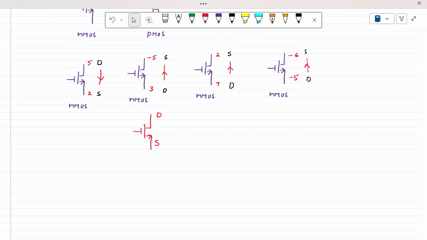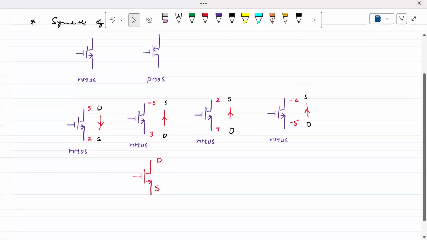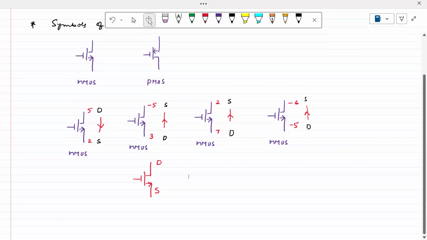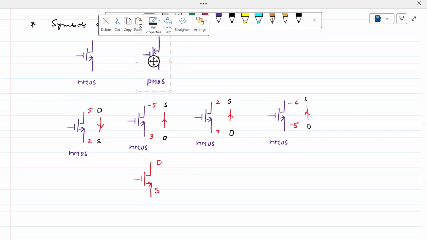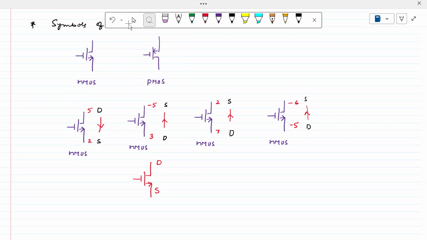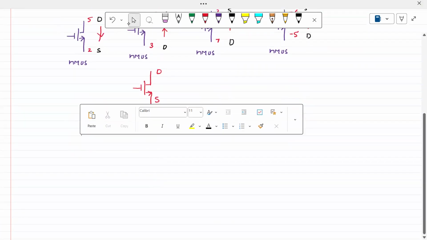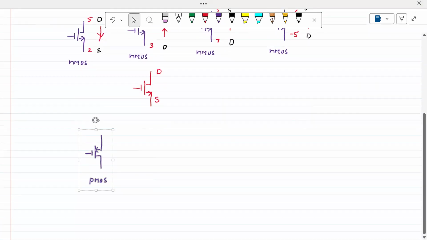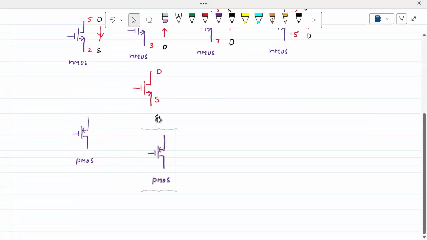Similarly, we'll take another one. We'll take the PMOS as well. Let me copy it here. PMOS.